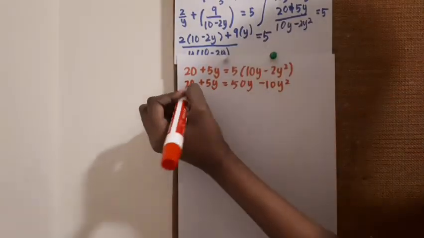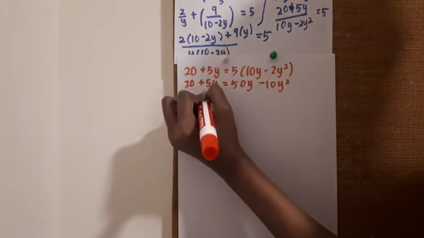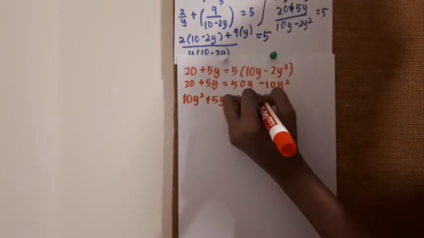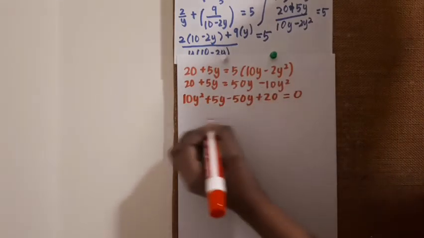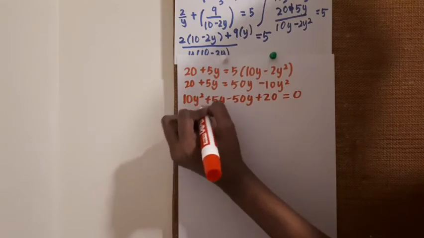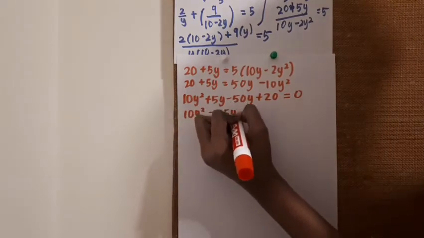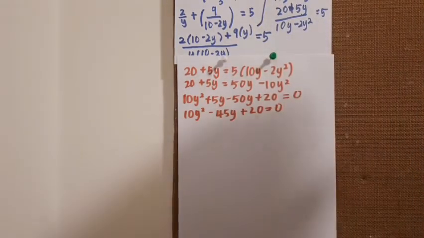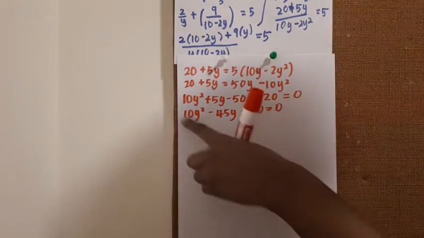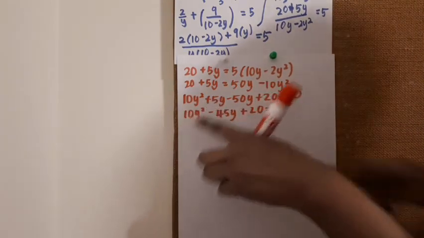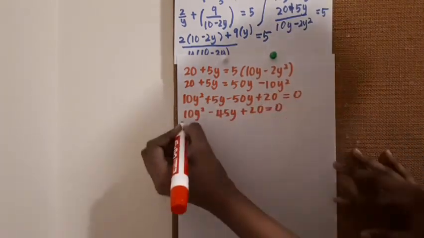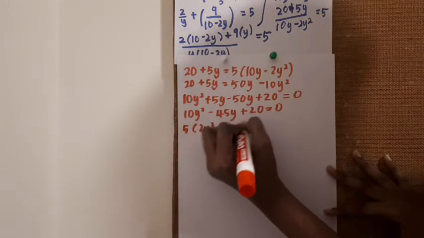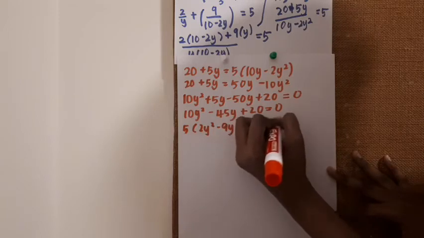Bring everything to one side. Okay, this is going to be something like this, and solve it like this. If you see the 5 factor is in here, so to simplify your equation, you can always factor out the 5 here to make your life a bit easier.